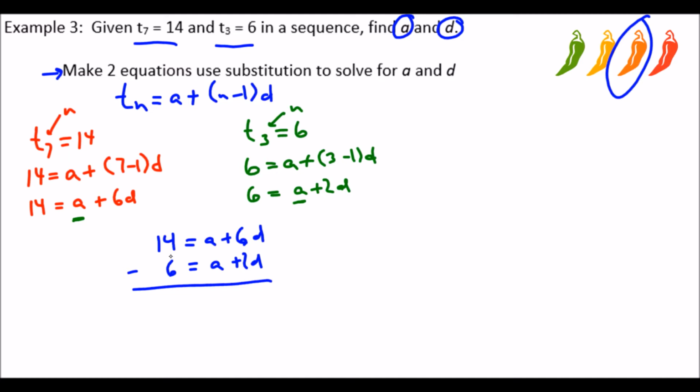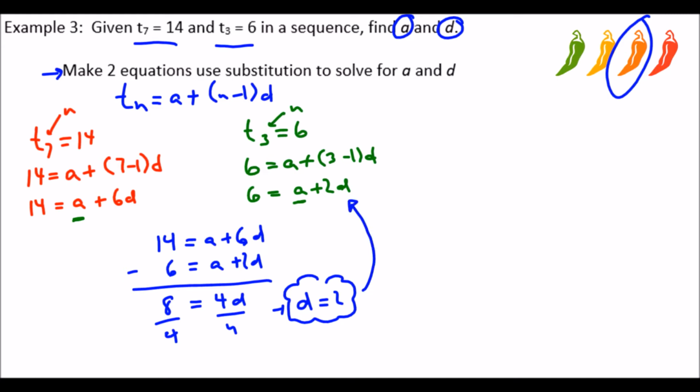I can subtract. 14 minus 6 is 8 equals 4D. Divide both sides by 4. D is equal to 2. All right. Once I get this, I can plug it into this equation here. So I get my A, I'm just going to do 6 is equal to A plus 2 times 2.